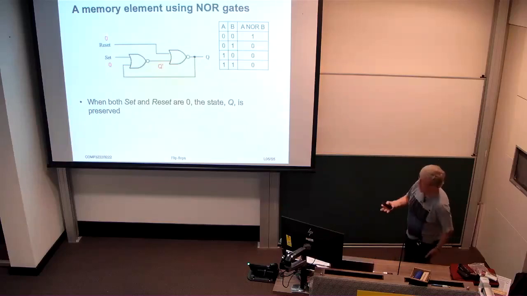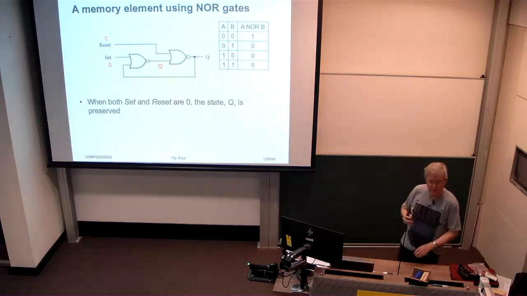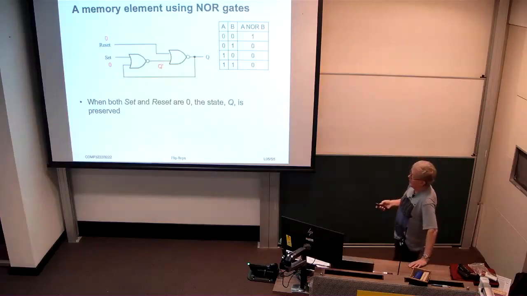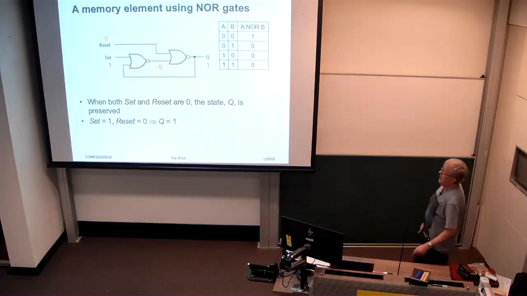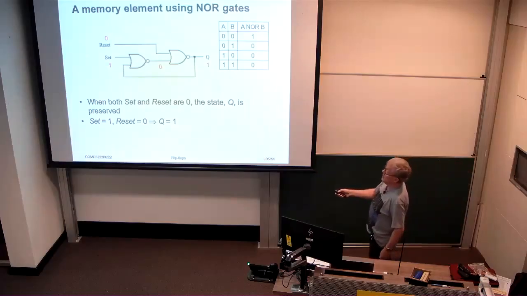And that's going to be stable irrespective of whether Q is a 0 or a 1, okay? On the other hand, if we assert the set input, set it up to 1, well then we're forcing the output of the corresponding NOR gate to 0.